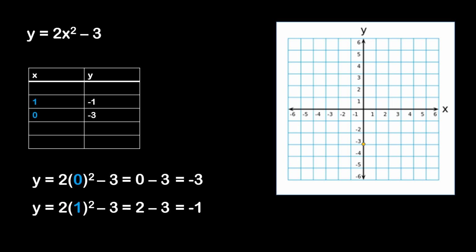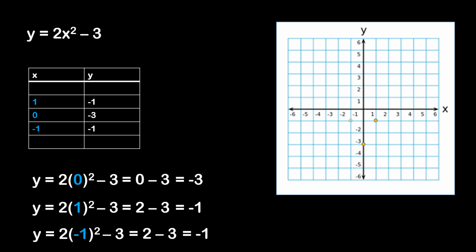Okay, and we'll try x is equal to negative 1 again. If we plug that value for x, we'll have y is equal to 2 times negative 1 squared minus 3. 2 times negative 1 squared is 2 times 1. So that gives us 2 minus 3, or negative 1. And we have that for x is equal to negative 1, y is also equal to negative 1.